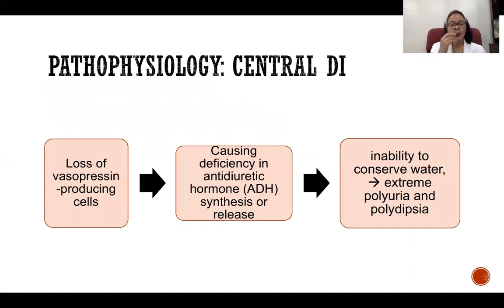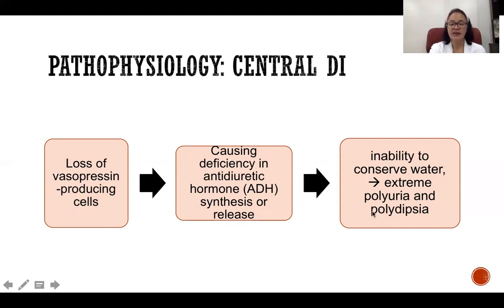So what could be the reason, no? What could be the reason or the mechanism for your central diabetes insipidus? So with central, we have this loss of your vasopressin producing cells, okay? And this causes deficiency in your ADH synthesis or even the release.